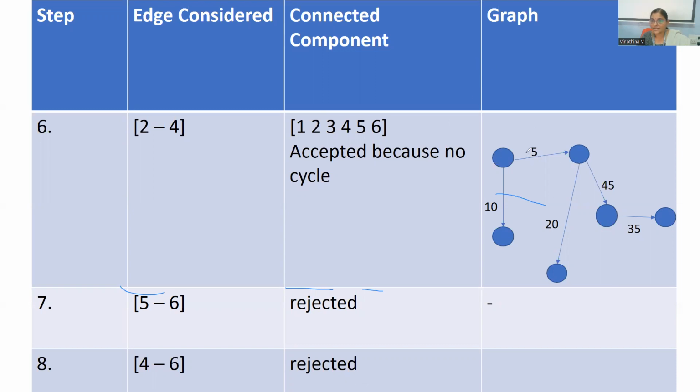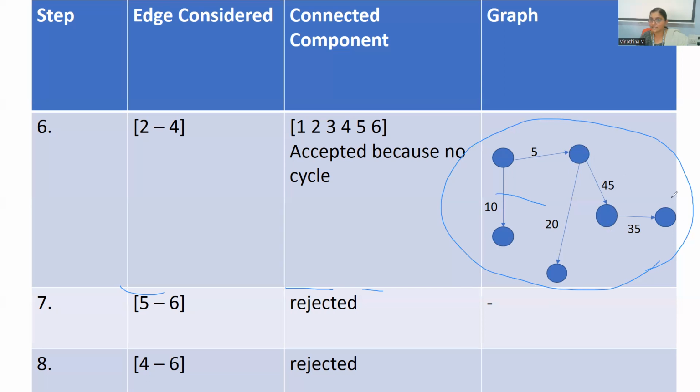Now this spanning tree contains all the vertices in the given graph: 1, 2, 3, 4, 5, 6. All the vertices are added into the spanning tree, and now it is a single component. That is, all the vertices are connected, and you can traverse from one vertex to another.